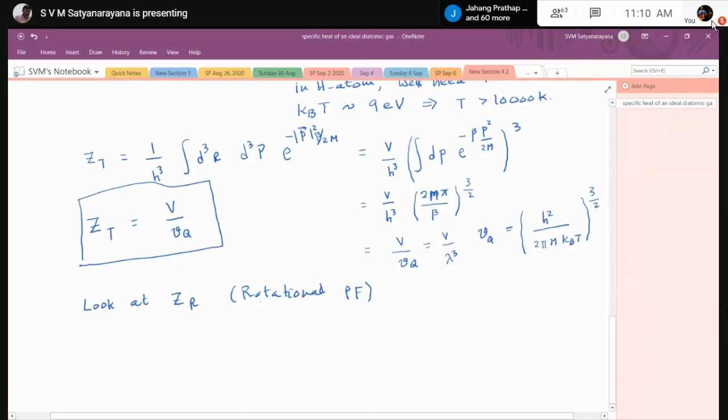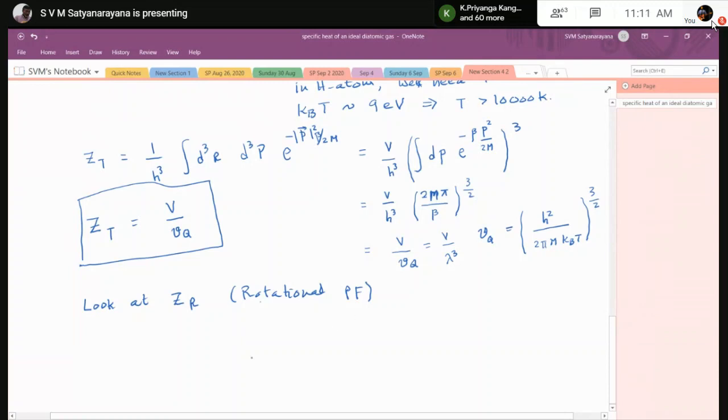So you have 2 degrees of freedom associated with that, and usually the rotational degrees of freedom are some angles. Okay, so the corresponding canonical momentum will be some angular momentum.